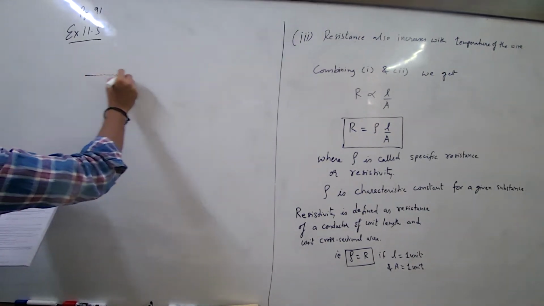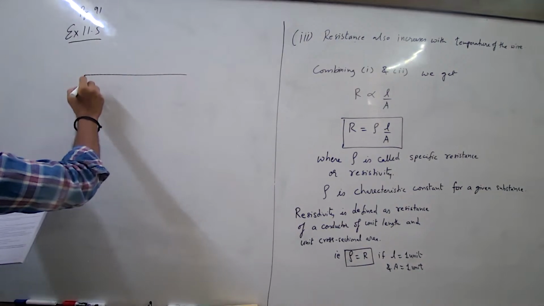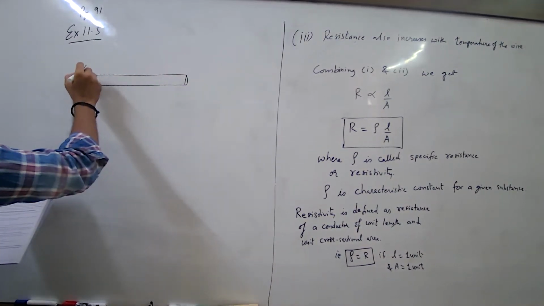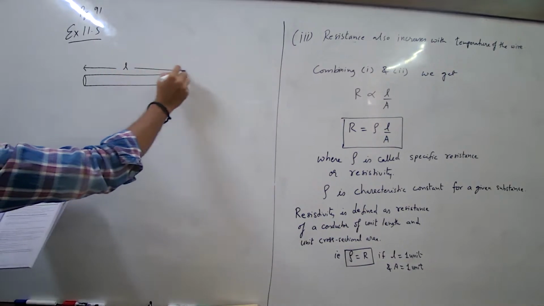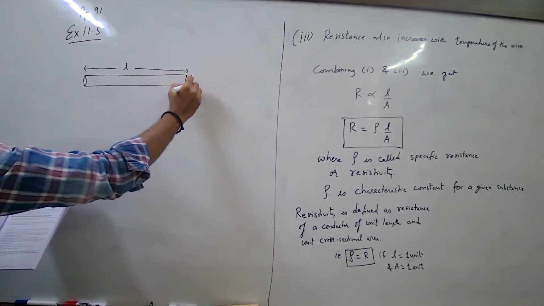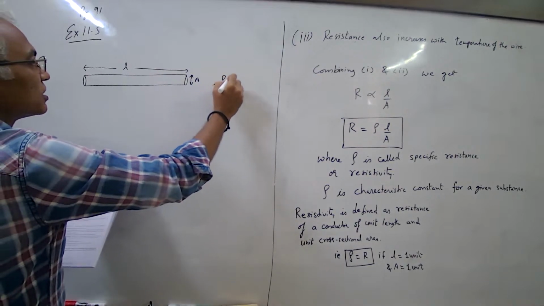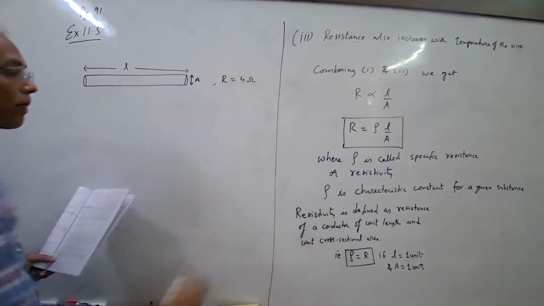So suppose you have a wire of length L. This is L and its area of cross section is A. For this, resistance is given as 4 ohm.